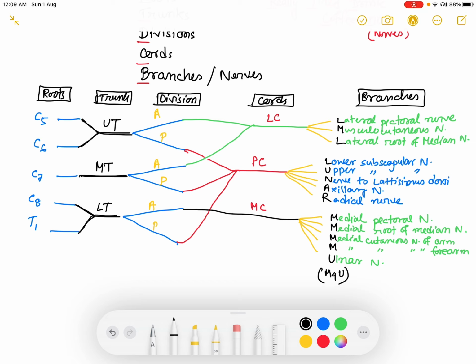Now, branches of the roots. From the C5 root, one branch is called the dorsal scapular nerve.